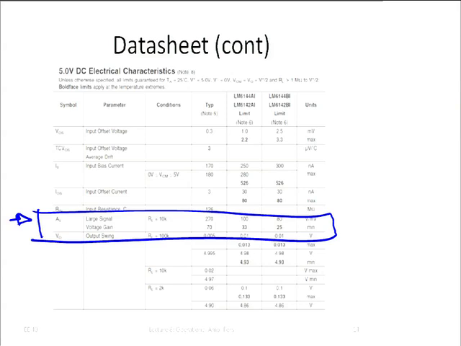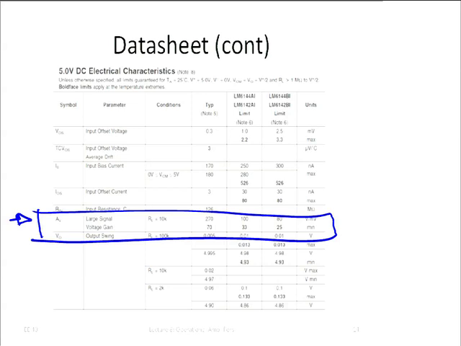Then they tell you that they actually sell different parts, and they probably charge a different amount of money for the different ones, and they call them A and B and so on. And what is the gain for these? Well, they specify the gain in volts per millivolt. So that's just multiply by 1,000, right? So apparently the typical operational amplifier will have a gain of 270,000, okay?